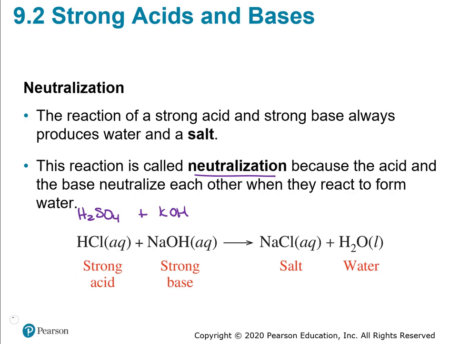So in this, the H and the OH combine, just like here, the H and the OH. So see how those are kind of like the outside pairs? And then the inside pairs, so in this, the SO4 and the K combine, the Cl and the Na combine. So the outside pairs and the inside pairs combine. Sodium and chlorine, they're a 1-to-1 ratio because you know that sodium's a positive, the chlorine's a negative.